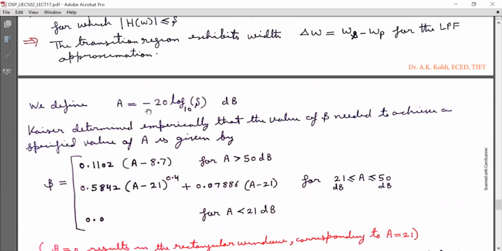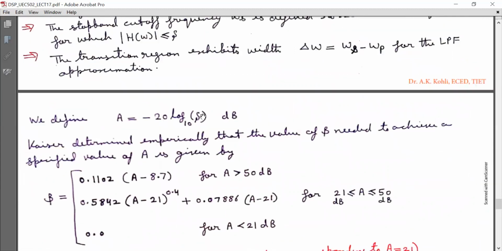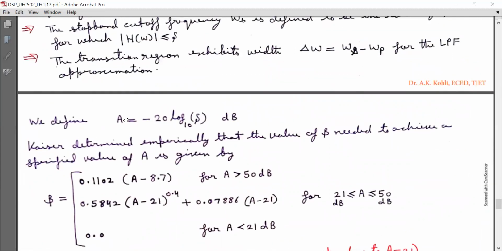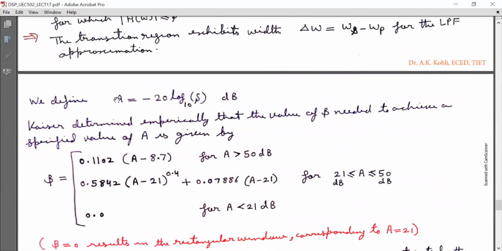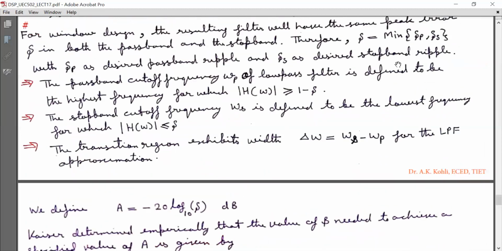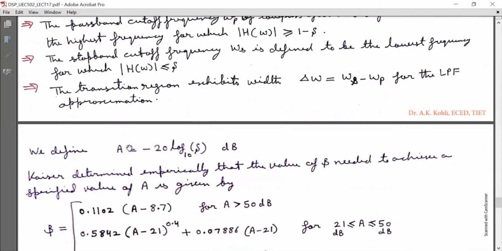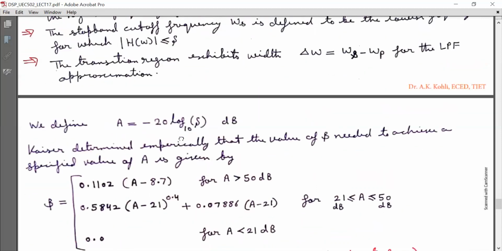You will define A based on what you have decided should be delta. After calculating A, you will calculate beta from this formula. So you first decide what is delta, then decide what is A based on this formula, and using that value of A, you will decide what is beta.